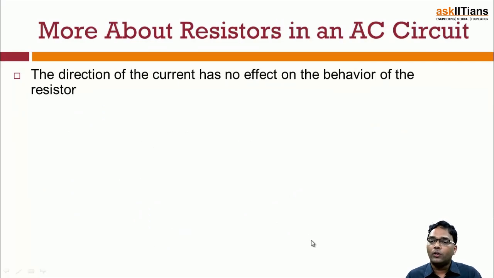The direction of the current has no effect on the behavior of the resistor. Even if you change the direction of the current, because it is an alternating current source, at every instant of time the direction of the current varies. That has no effect on the resistor, because the resistor is neutral to the direction of the current, right? Hopefully you understood till this point.